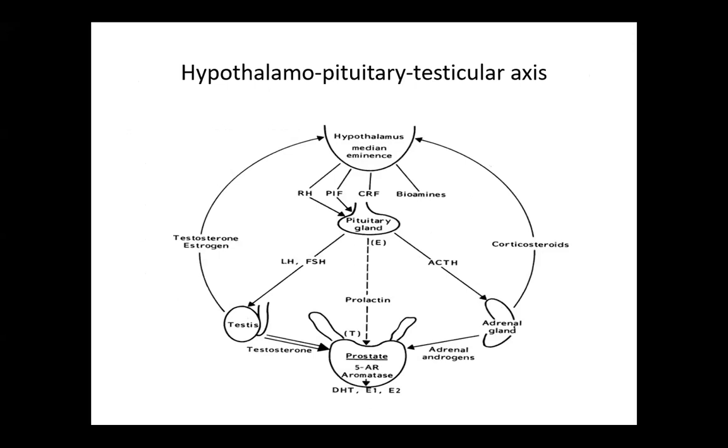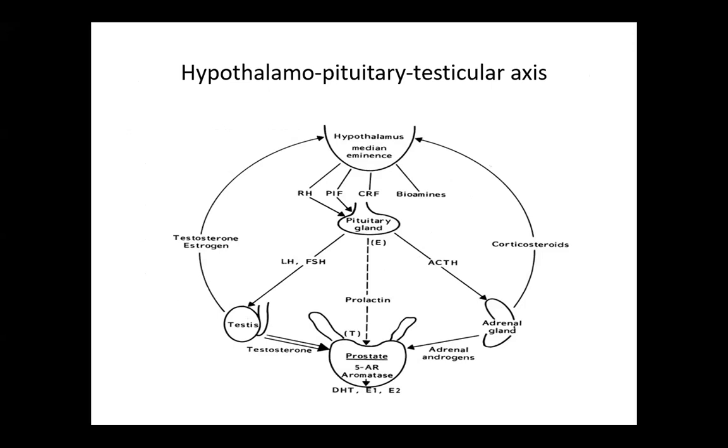This diagram shows what we call the hypothalamus-pituitary-testicular axis, and you should look at it in your free time. You remember that the hypothalamus produces the luteinizing hormone releasing hormone, which acts on the pituitary to cause it to produce luteinizing hormone and FSH.